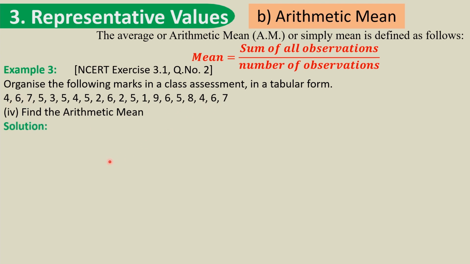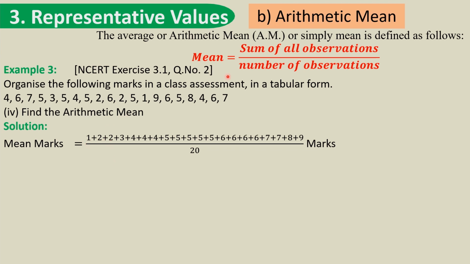So arithmetic mean is equal to just adding all the observations, which means adding all the marks. 1 plus 2 plus 2 plus 3 plus 4, and 4 occurs 3 times. I added all these numbers in ascending order, divided by how many numbers there are. 20 numbers. Number of observations means number of values.